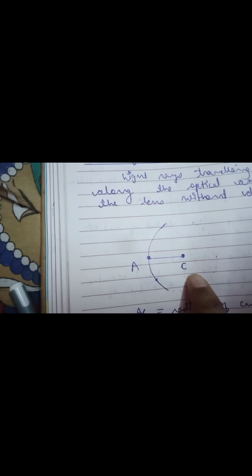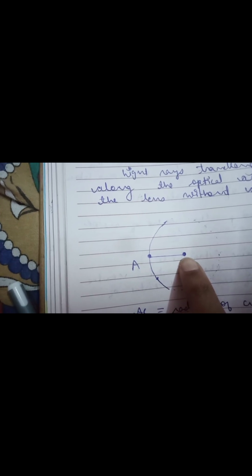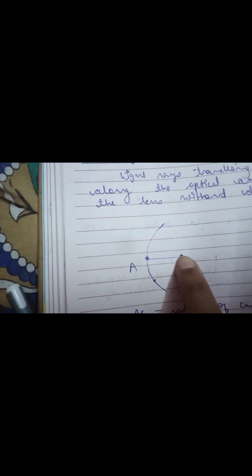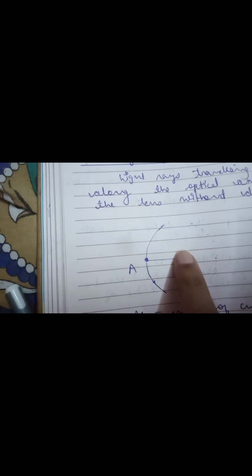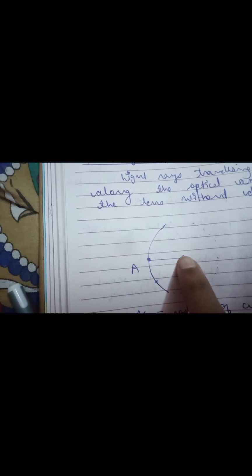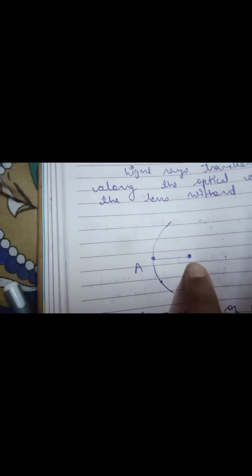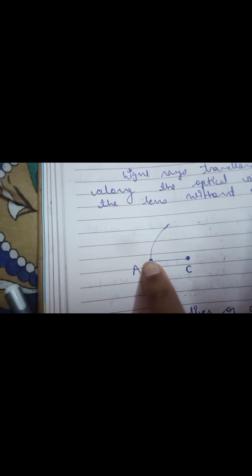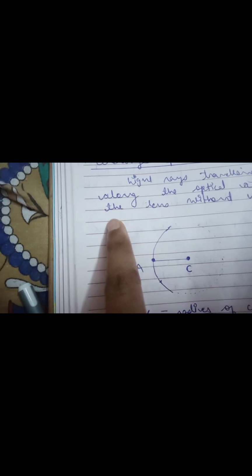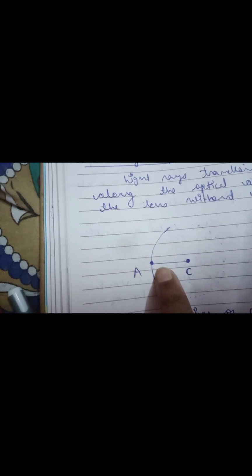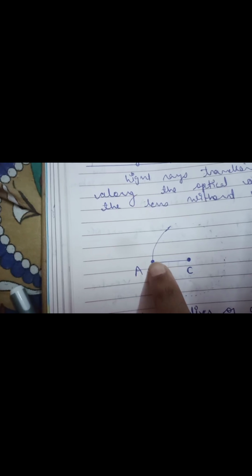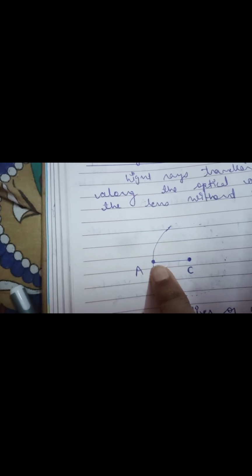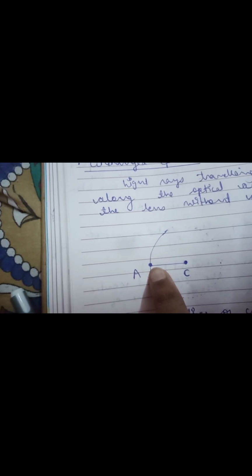The line joins the center of curvature with the optical center, the center through which when the light rays pass they remain undeviated, that center A. In this case, it will coincide with the principal center and nodal center also.